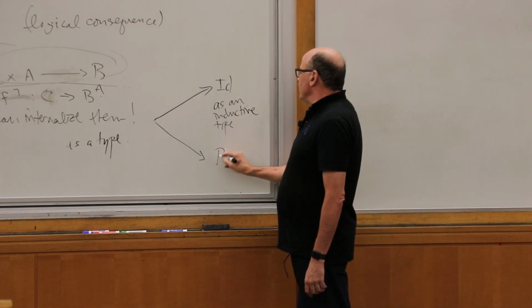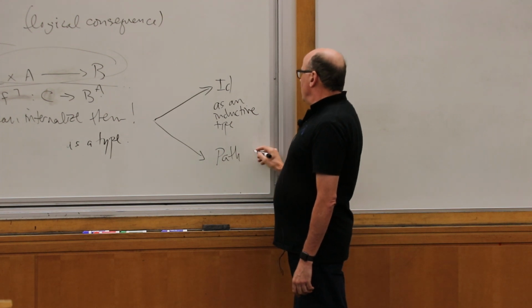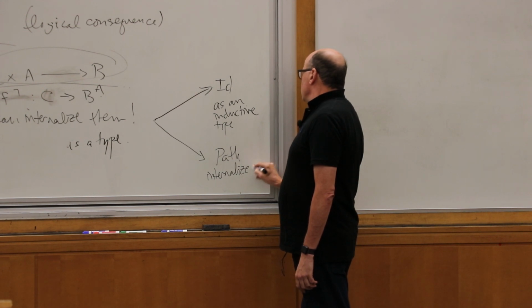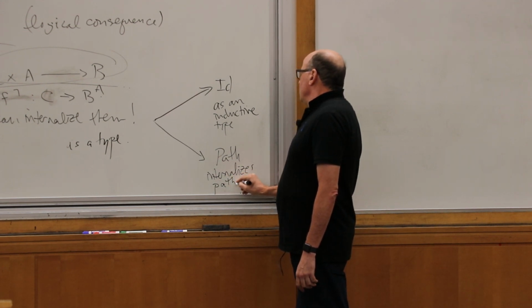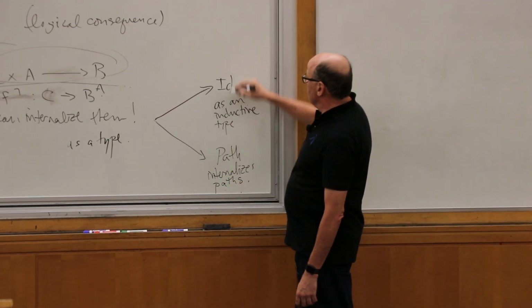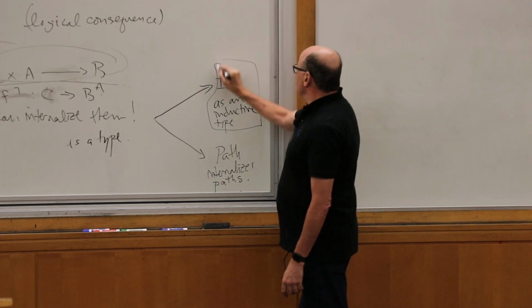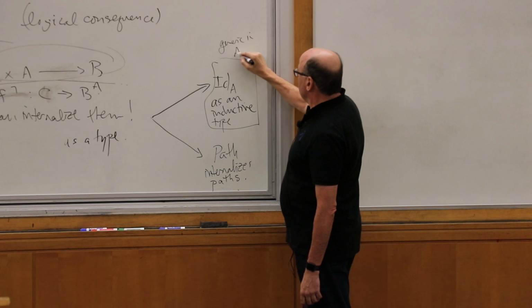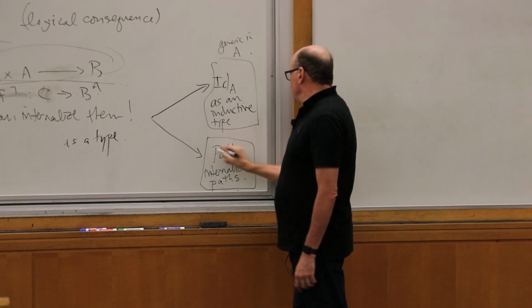And then we're going to have a separate thing called path, which internalizes these identifications or paths. And in particular, if I write Id A, this is generic in A, and this is not.